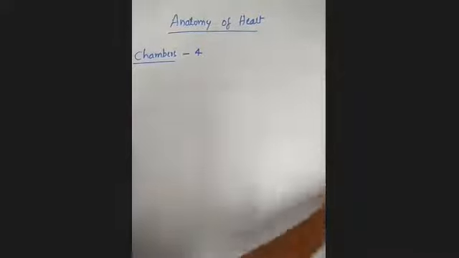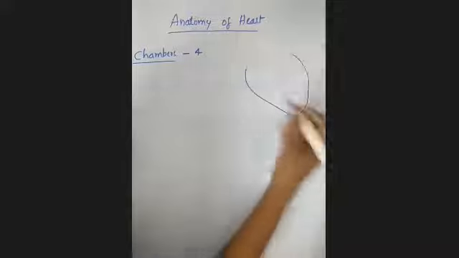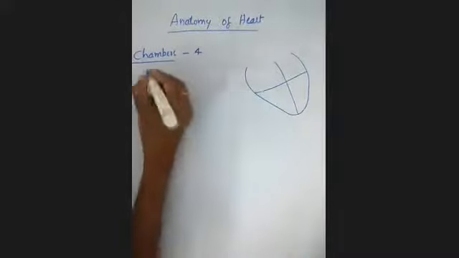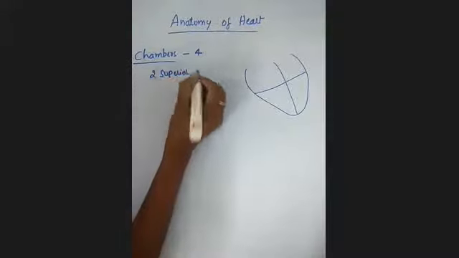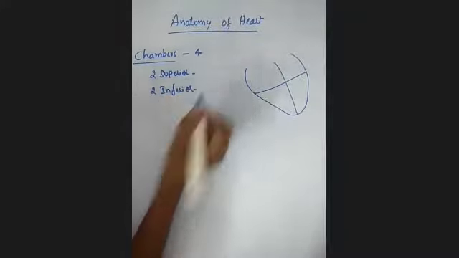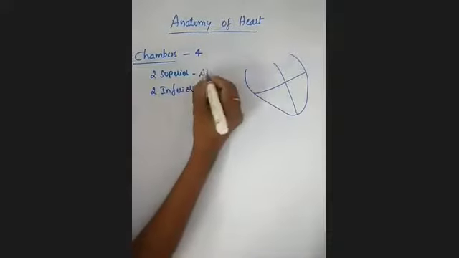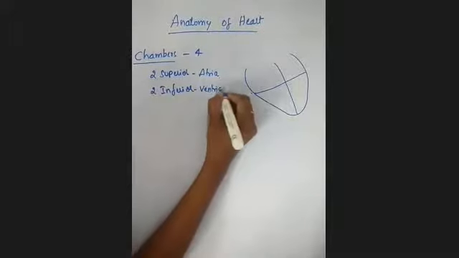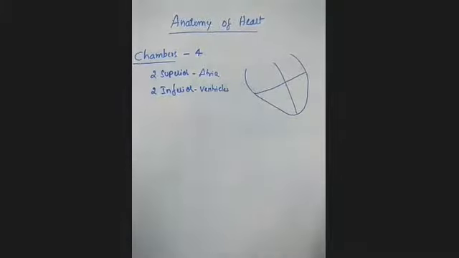The two superior chambers you will call atria, and the two inferior chambers you will call ventricles. Clear? Don't get confused.